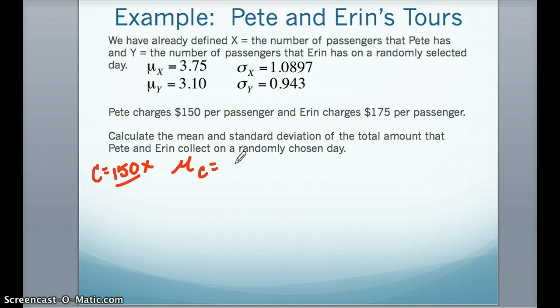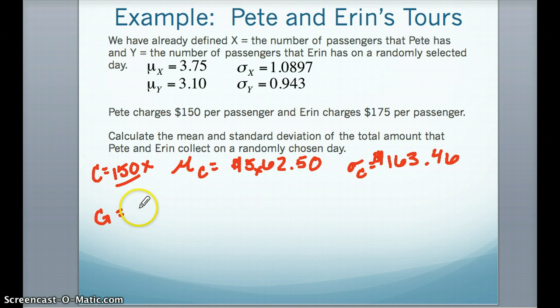So I'm actually just going to put down what that was: a mean of $562.50 and a standard deviation of $163.46. Okay, and then for Erin, we'll use G, and she's charging $175 per passenger.